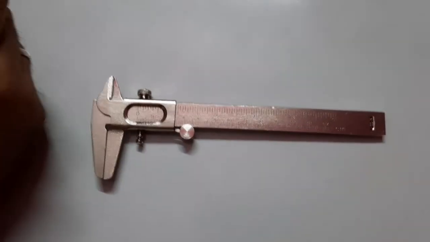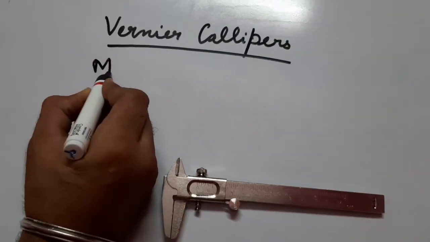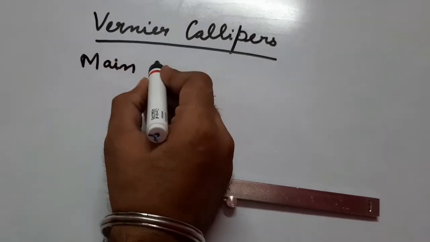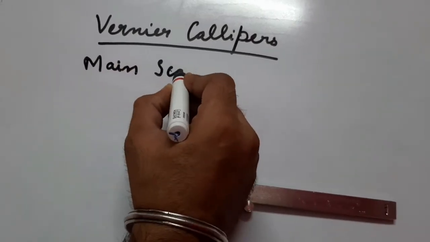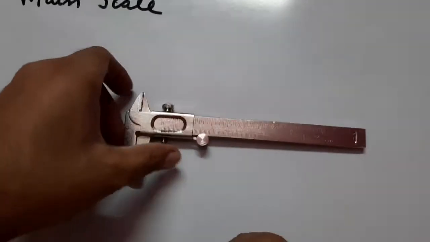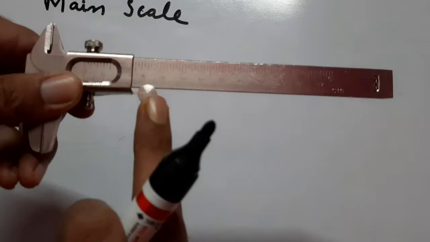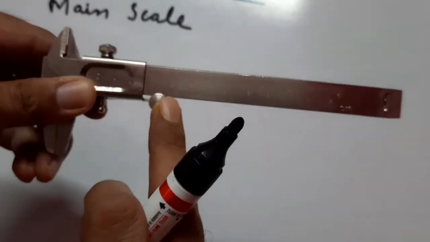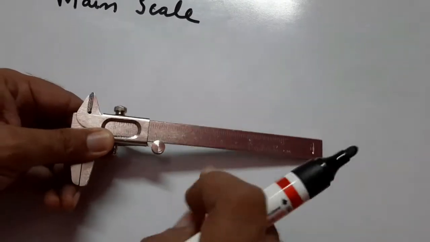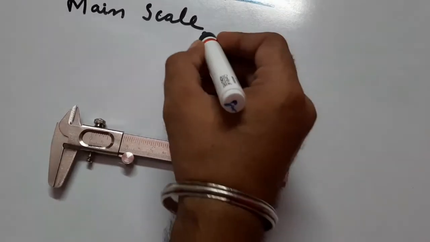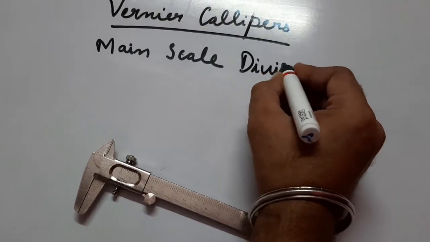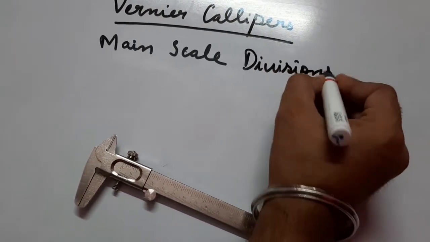We denote it by main scale, and you can just see the divisions on this main scale like 3, 4, 5, 6, 7, 8, 9. These are the divisions. So these are called the main scale divisions.